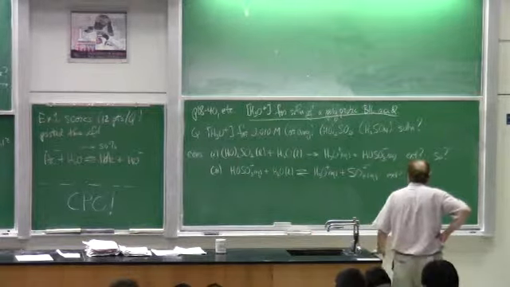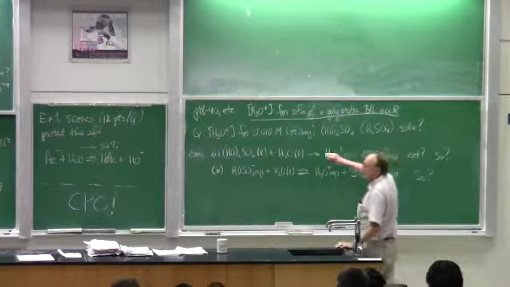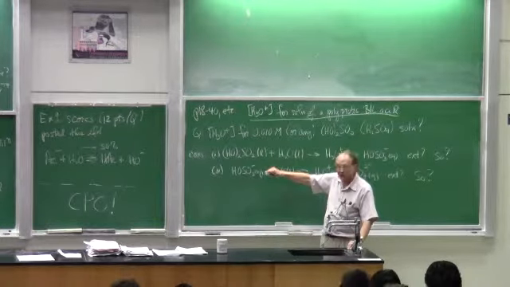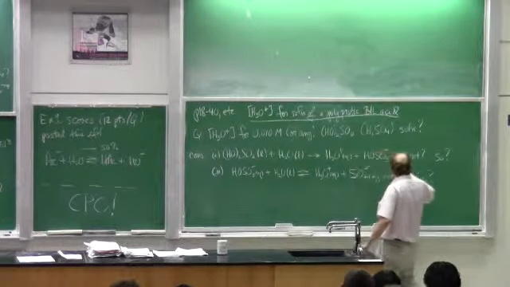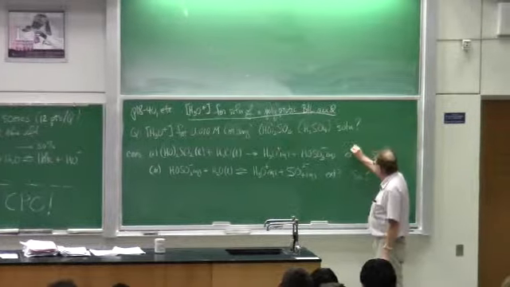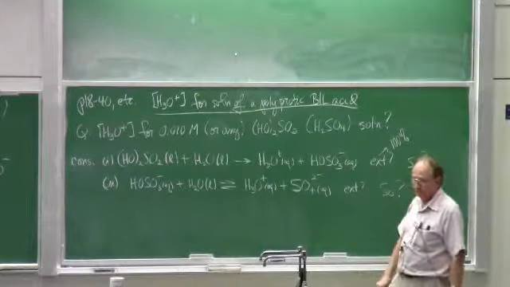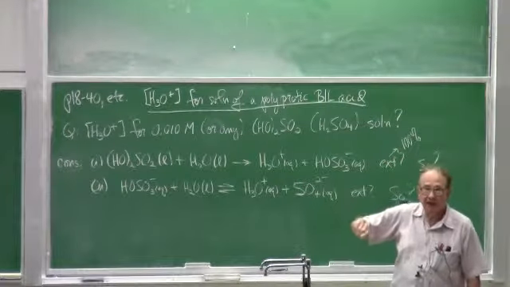Therefore, since we're not going to consider any such exceptionally concentrated sulfuric acid solutions, reaction 1 is a reaction which always goes to what extent? 100%. Now what's that mean in terms of getting hydronium ion concentration?